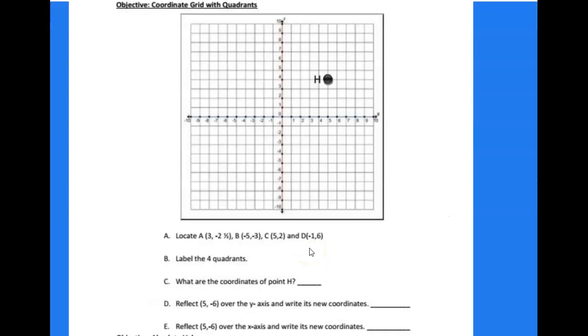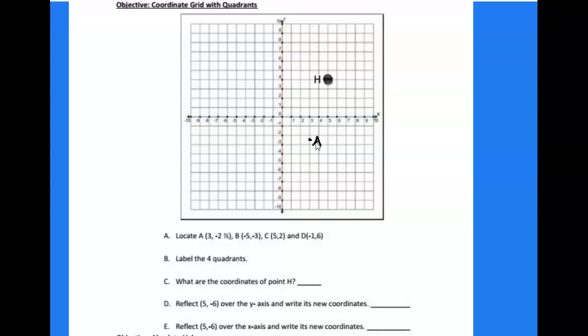Our next objective, coordinate grid with quadrants. I'm locating these points A, B, C, and D on the coordinate plane, and I'm going to label them with their letters. So I'm going over 3 and then down 2.5. And 2.5 is going to end up halfway between -2 and -3. B is at (-5, -3).